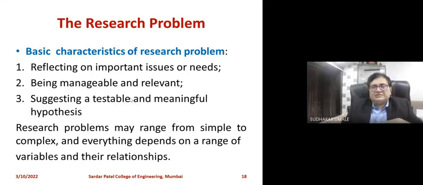Research design is your pre-plan work. Before your research, you are planning. If you observe, what is the basic difference between research methodology and research design? These are totally different. Research design is required for planning and to get direction of your work.